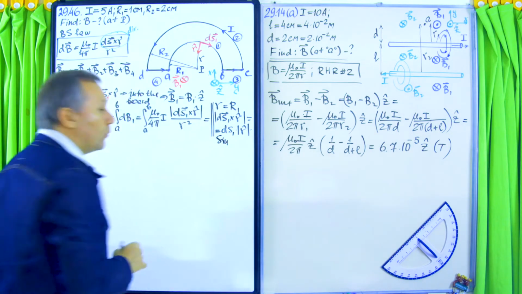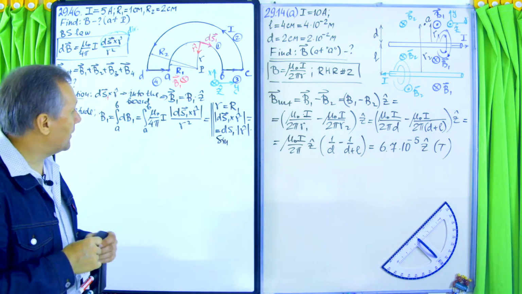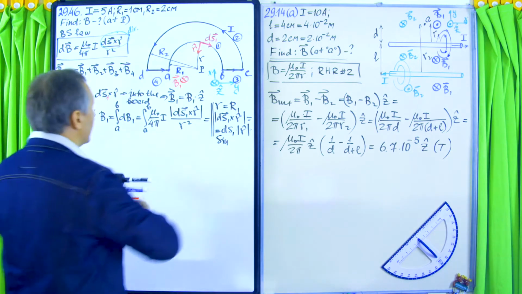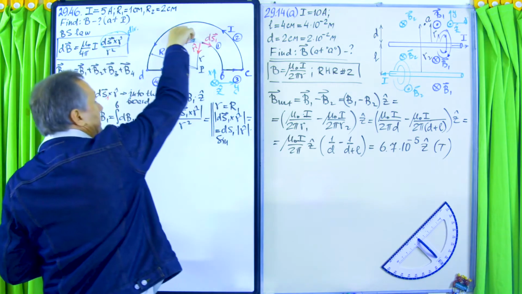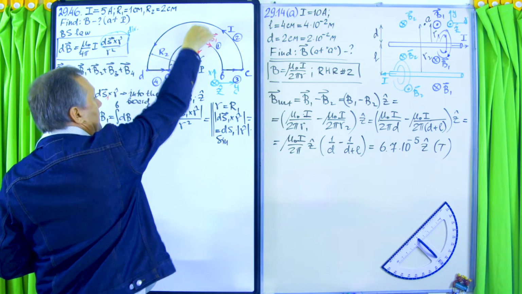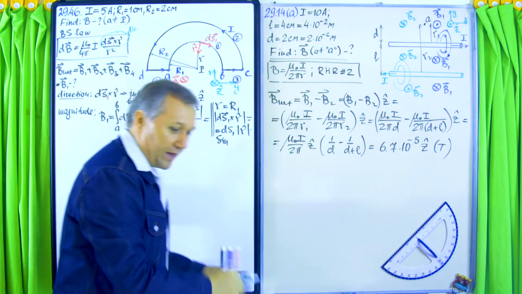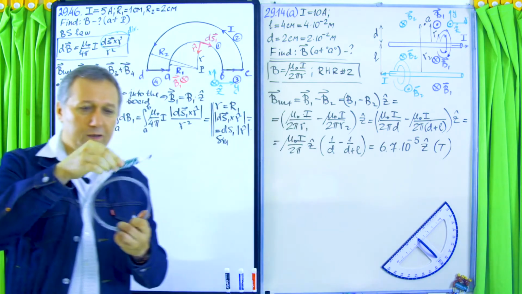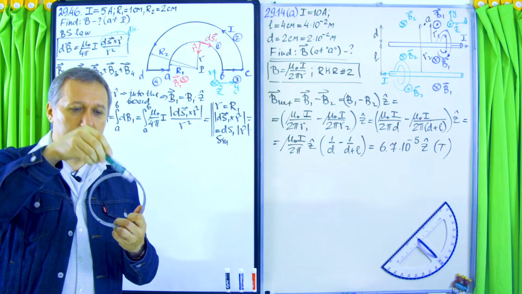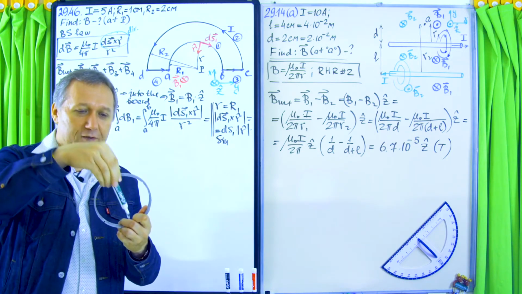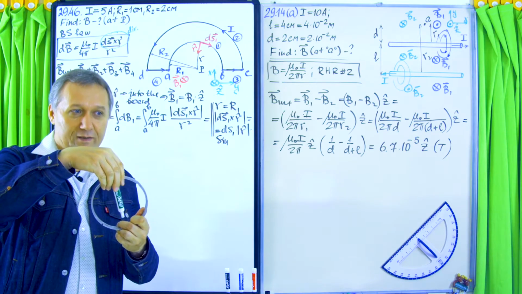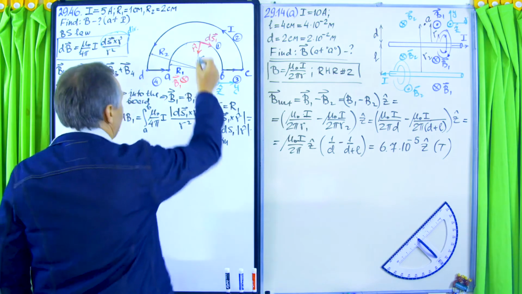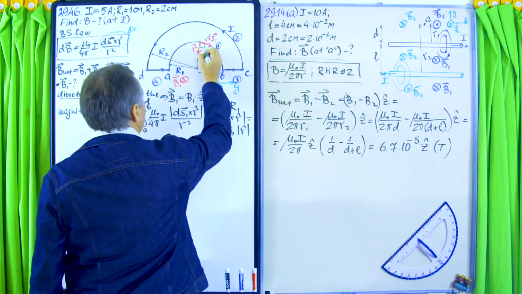What's the angle between ds and r? Let's look at the picture. This is the tangential direction, ds, and r is the radial direction. What's the angle between the radial direction and the tangential direction? 90 degrees, right? You remember high school stuff? So this angle is 90 degrees.